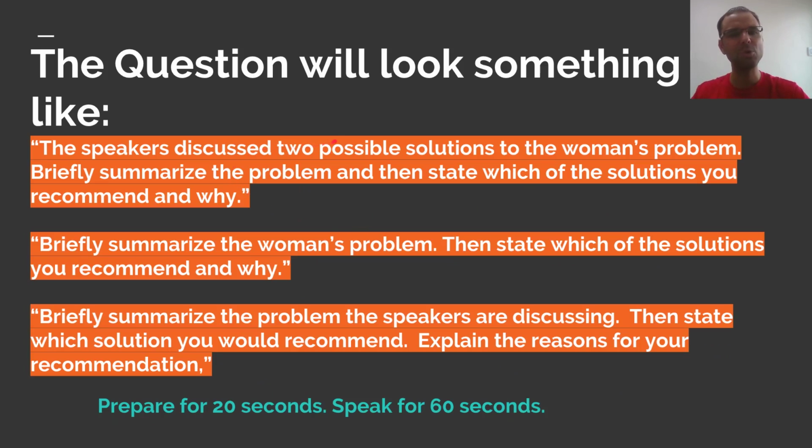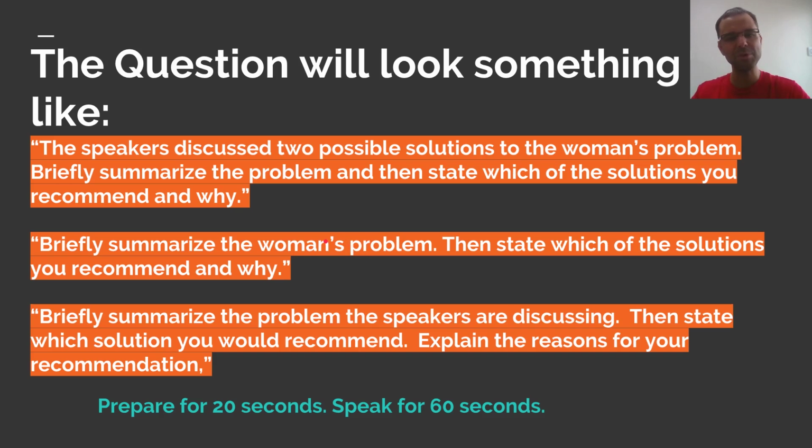Now, the actual question will look something like one of these. I'm going to read the first one, not the next two. It could say something like, the speakers discussed two possible solutions to the woman's problem. Briefly summarize the problem and then state which of the solutions you recommend and why. The other two are pretty much the same.